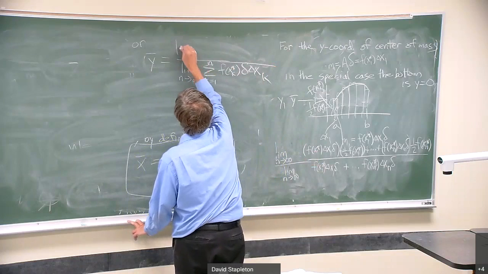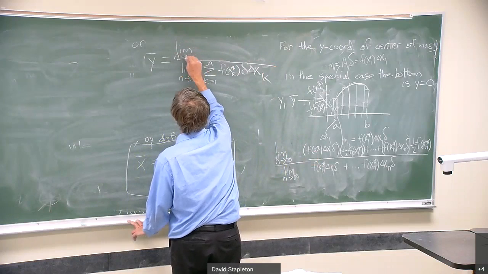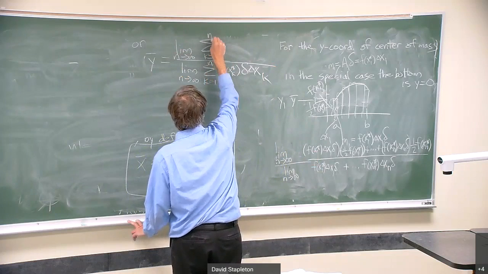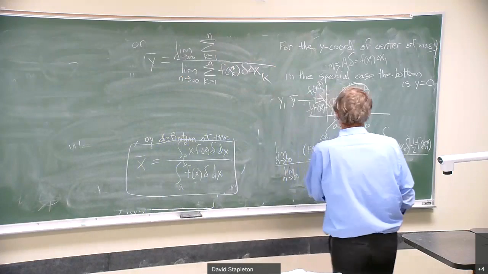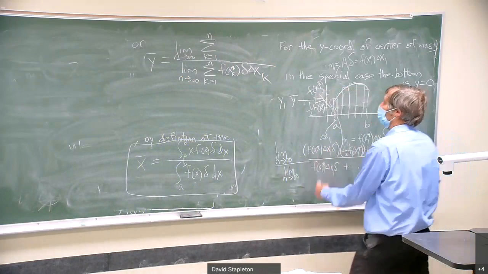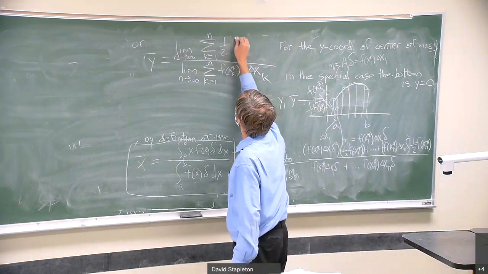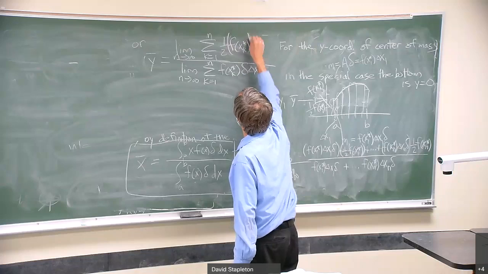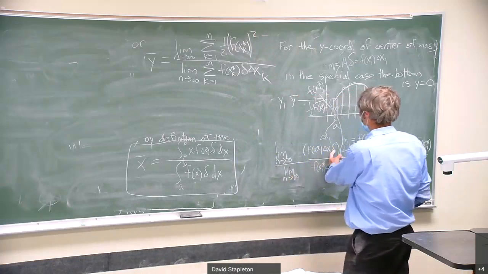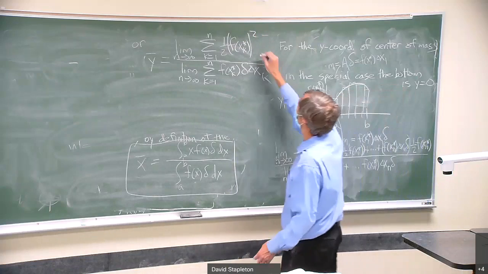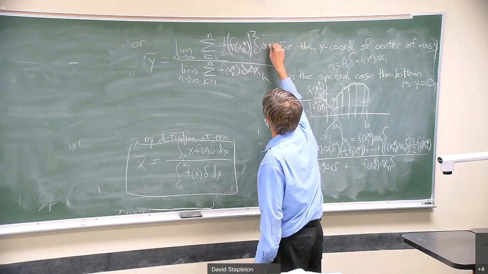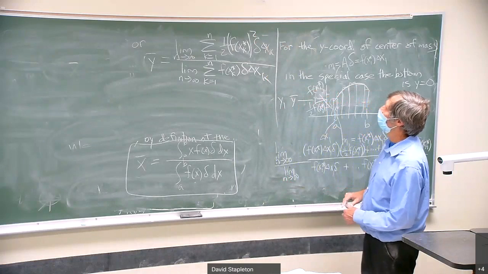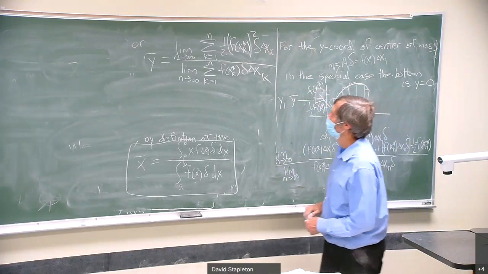And on the top, the top is different though. Limit n goes to infinity, sum k equals 1 to n, 1/2 f times f is 1/2 f squared. One half f squared times little delta times delta x_k. That's a little different than the formula for the x coordinate.